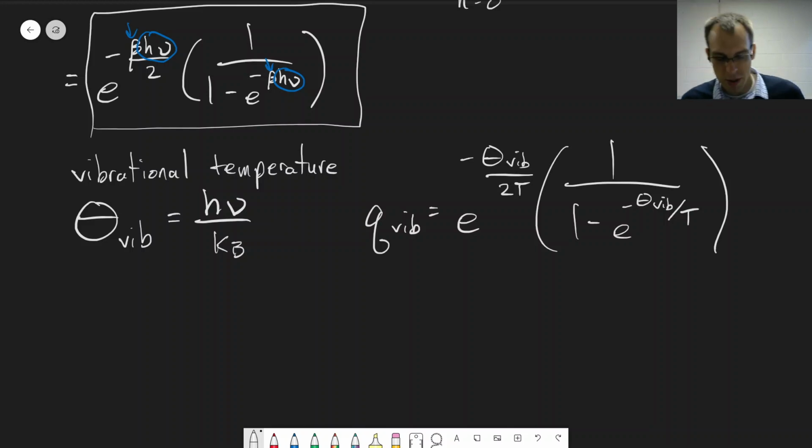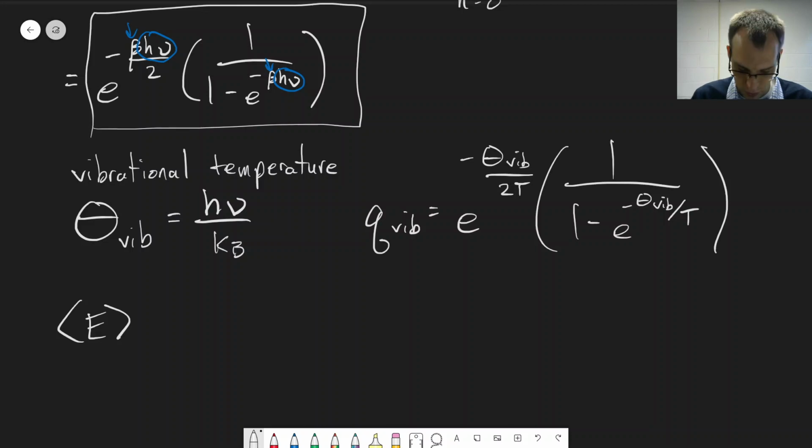There's a couple things. First, just like with any partition function, we can find the average energy. We have the formula for that, and here we're just looking at the vibrational energy. We could do this with any of the other partition functions as well, like the translational, which we've already done in the previous chapter.